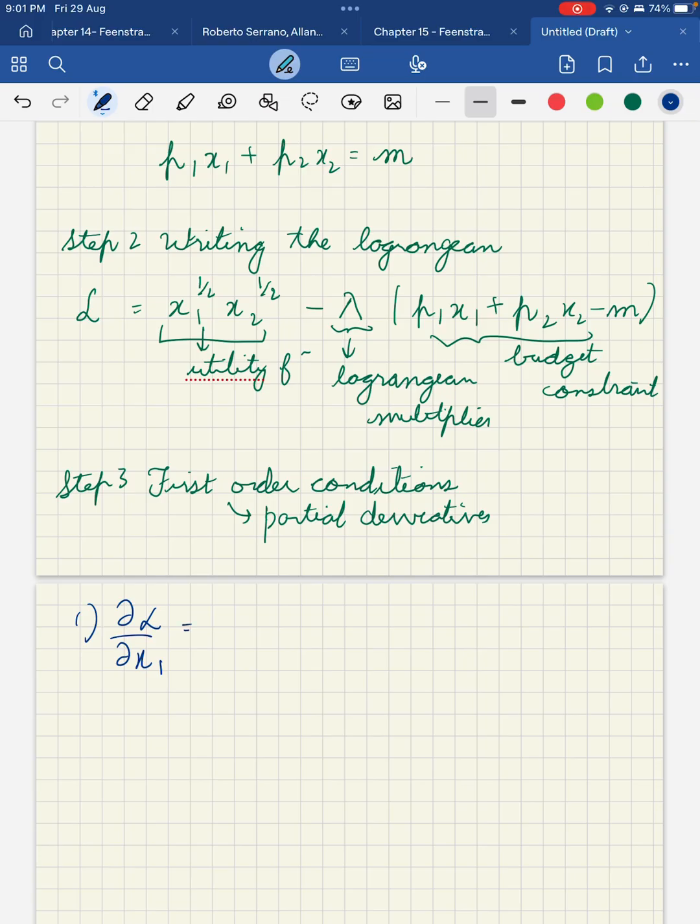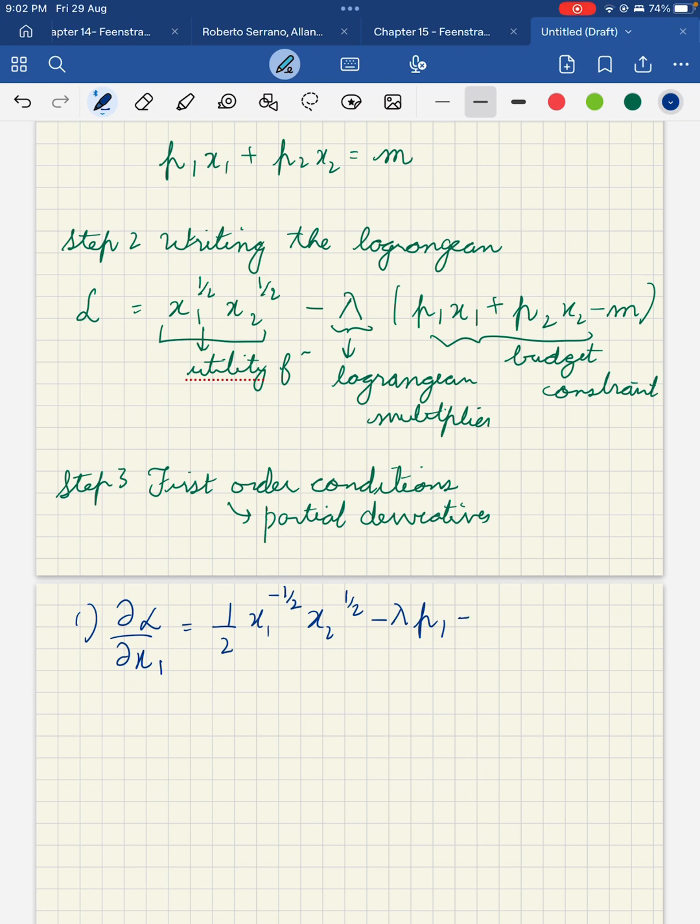How do I differentiate L with respect to x1? In the first part, you use the product rule. You see that the derivative of x1 raised to the power 1/2 is nothing but 1/2 x1 raised to the power minus 1/2, and then x2 raised to the power 1/2 is as it is, minus, in the second part, I see that p2, x2 and M are not functions of x1, so I simply ignore them.